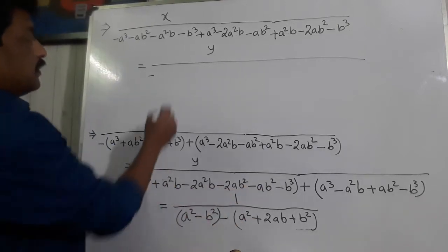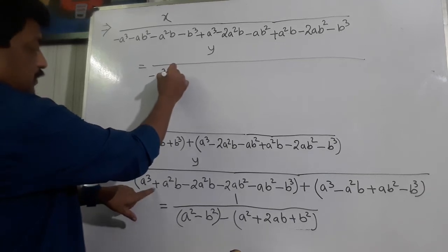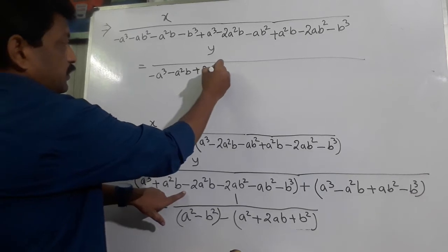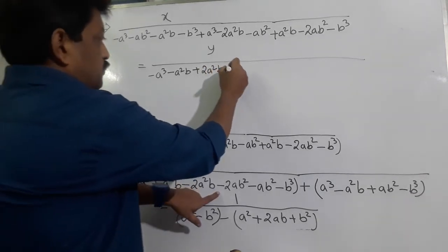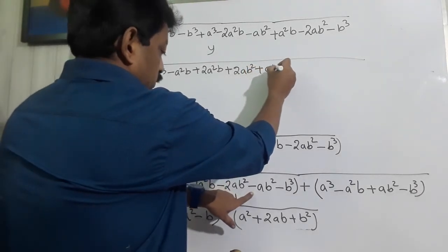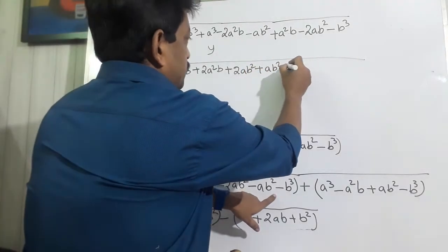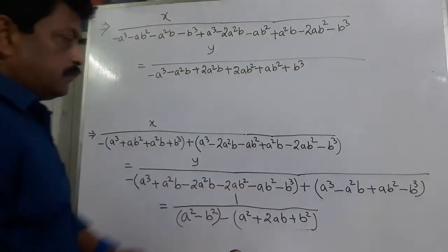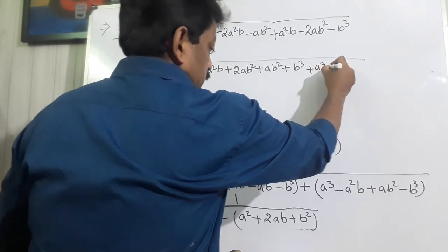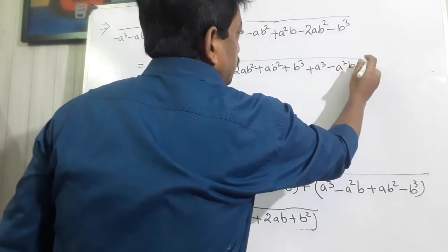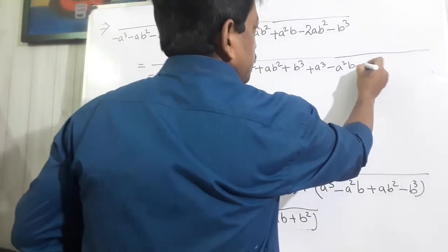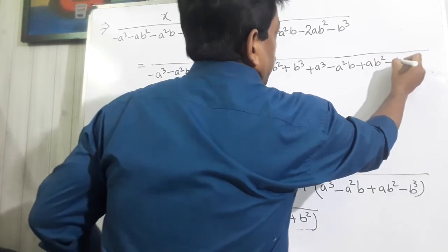So minus sign is there, so it is minus a cube, then minus a square b plus 2a square b plus 2ab square plus ab square, minus, it will become plus, then plus a cube minus a square b plus ab square minus b cube.